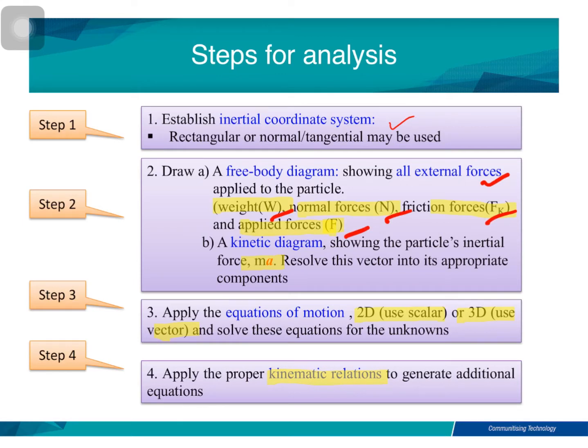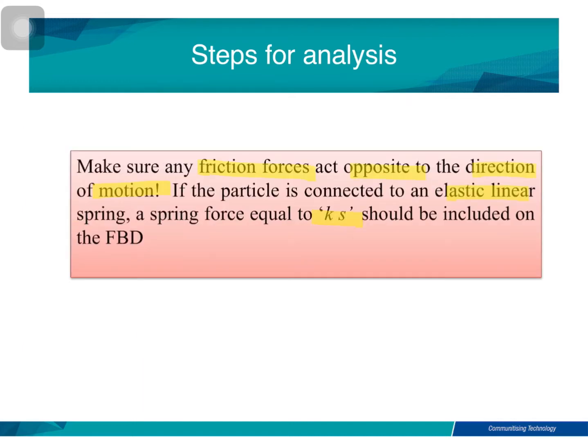You must remember, friction force must act opposite to the direction. Then you need to sketch the kinetic diagram to show the particle's inertial force, which is the ma. Then you can apply the equations of motion according to the axis. For any kinematic relation, you can use the kinematic equations.